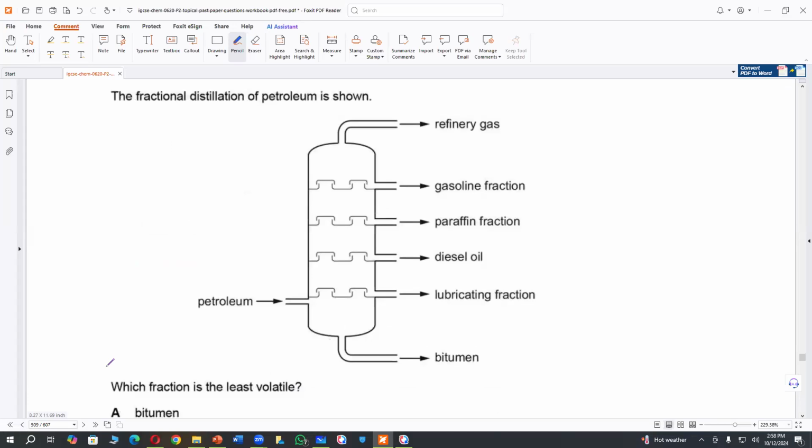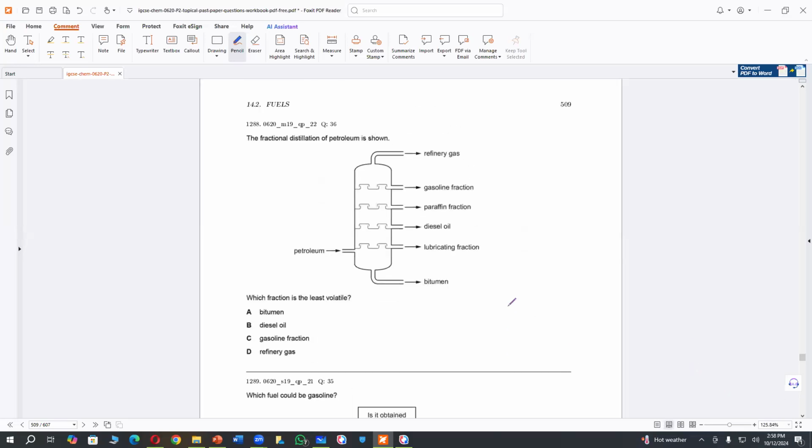Their favorite question. The fractional distillation of petroleum is shown. Which fraction is the least volatile? Bitumen. Least volatile is the one at the bottom, lowest one. Most viscous, right? Bitumen.